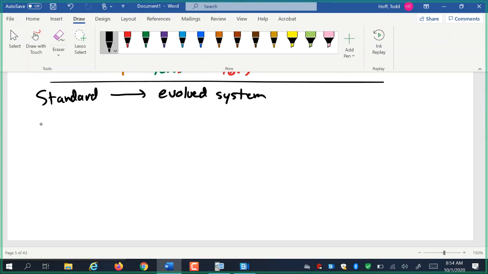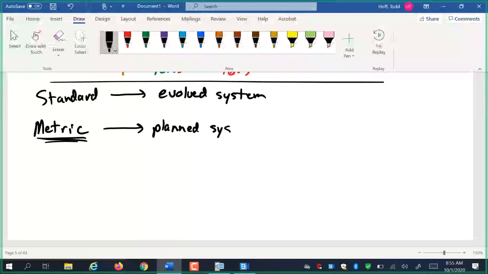Because of that, in the 1800s, actually the late 1800s, a group of scientists decided they wanted to develop the metric system. The metric system is a planned system. By planned, I mean they actually sat down and designed it so that the units would work together.